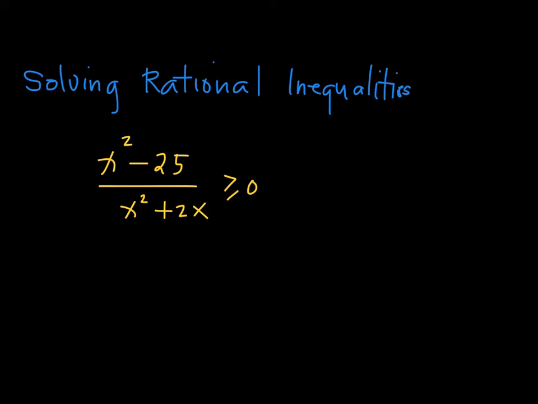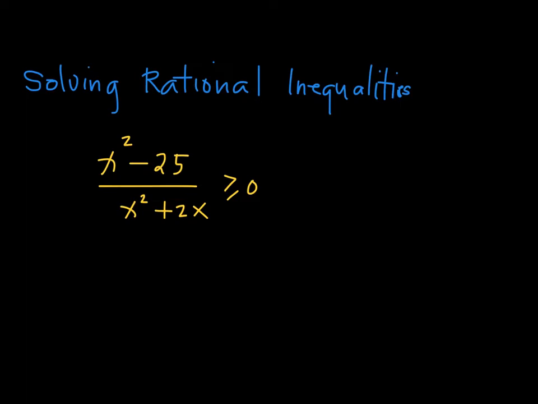Okay, so in this video, I'm going to teach you how to solve rational inequalities. When you solve rational inequalities, keep in mind that cross multiplication is not allowed. The main reason is that when you multiply both sides by a random value, we're not sure if the inequality will be reversed.